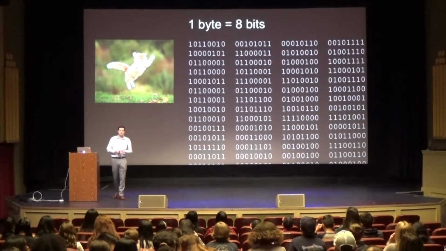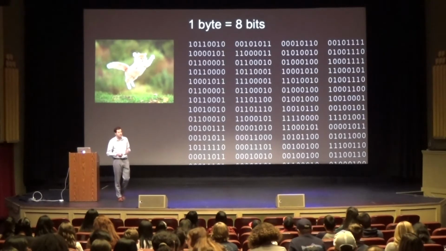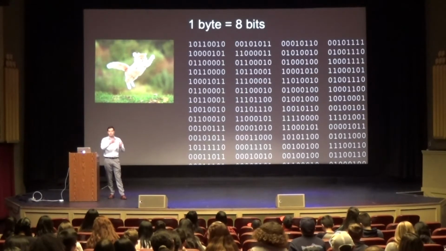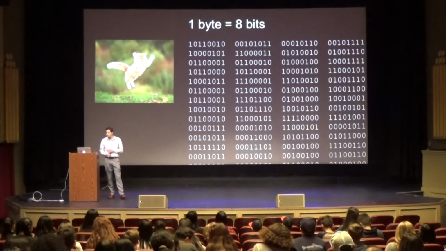And all of the complicated operations that you want to do with this image, like apply a filter to it, maybe change the brightness, is broken down into very simple operations on these 0s and 1s. I'll also be talking about a unit called a byte, where a byte consists of a sequence of 8 bits. So here I've broken down this sequence of bits into groups of bytes, groups of 8 bits.